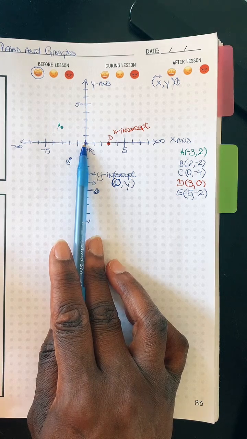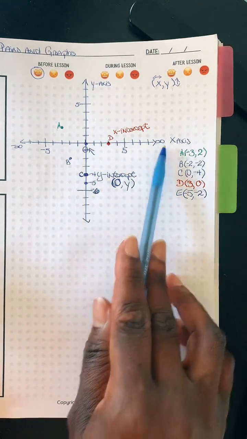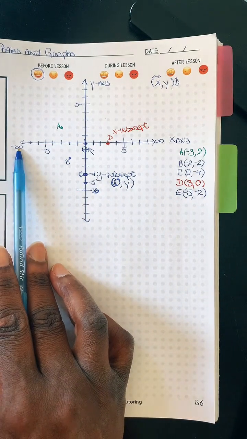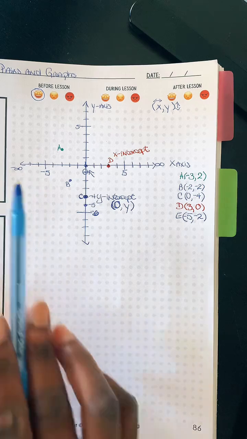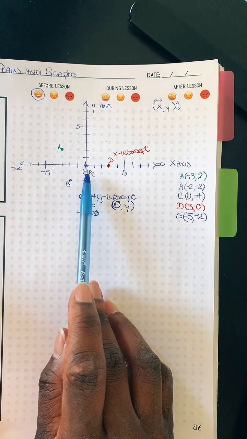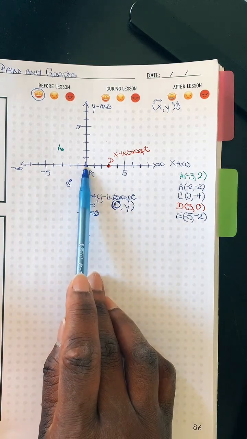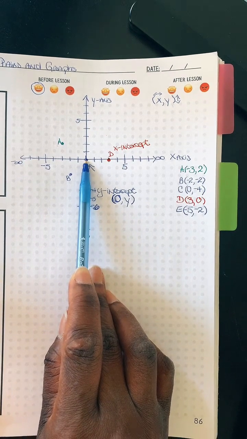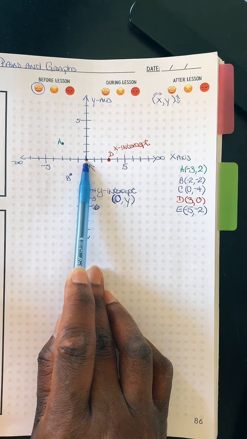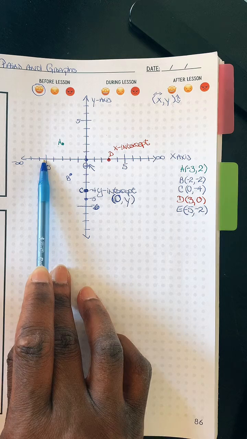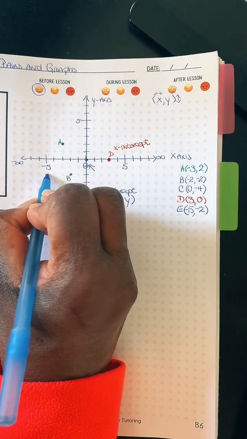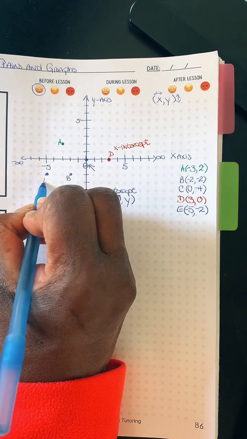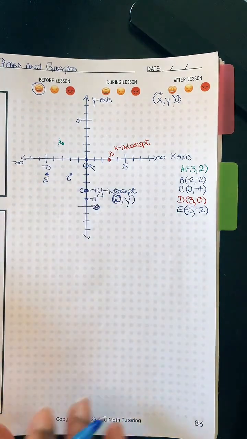We've got our north, south, east, west. You'll be shocked how many students do not know this. So you guys are right. Starting here at the origin, the first thing I do is go to the left 5, and then I go down 2 to plot this point right here, and this is point E.